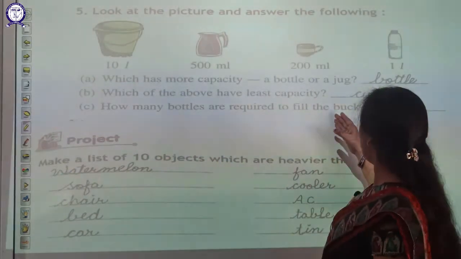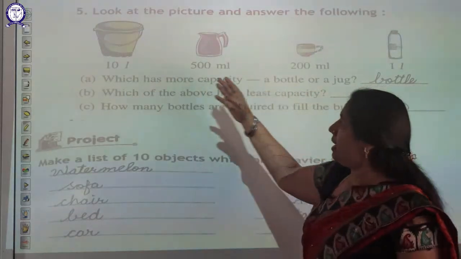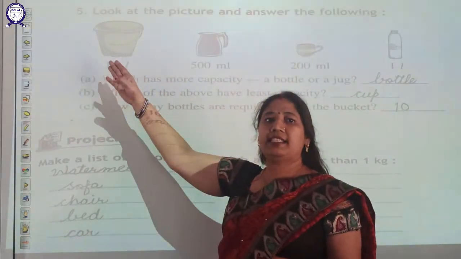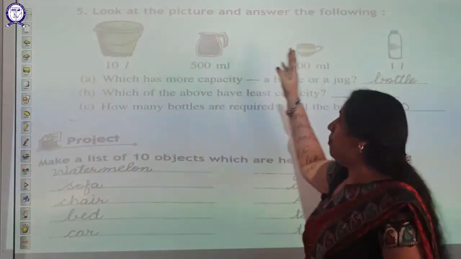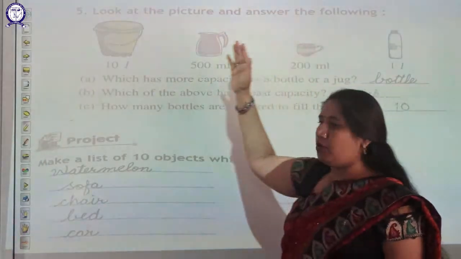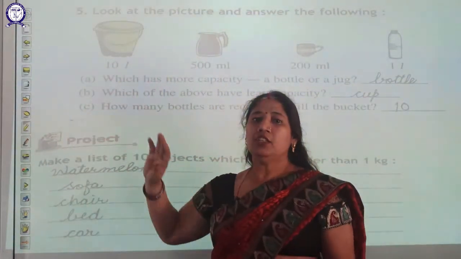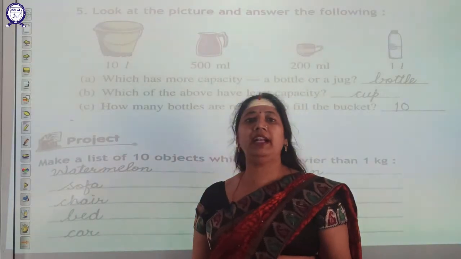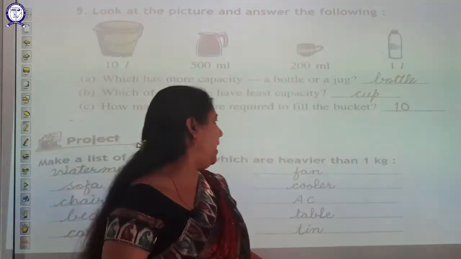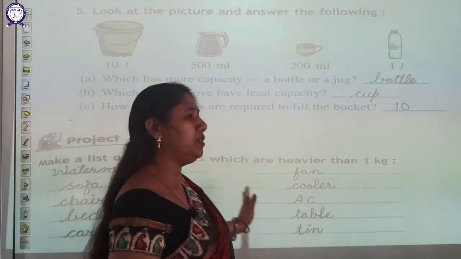How many bottles are required to fill the bucket? The bucket's capacity is 10 liter and the bottle's capacity is 1 liter. So 1 tens are 10. So how many bottles are required? 10 bottles are required. So come to the project work.